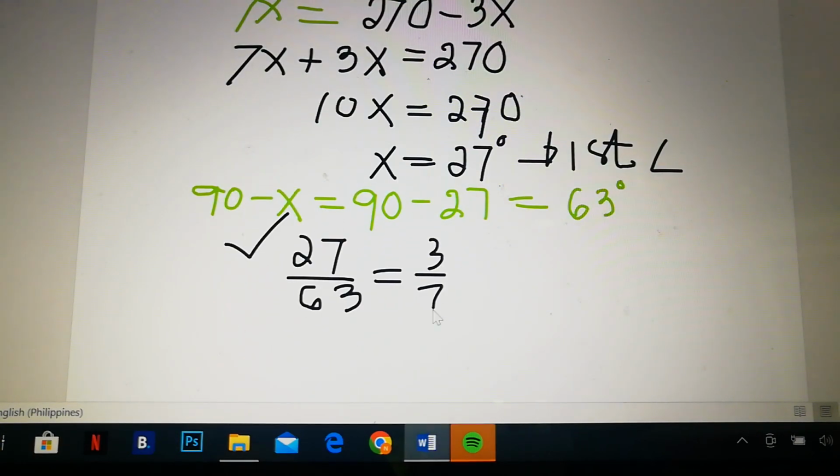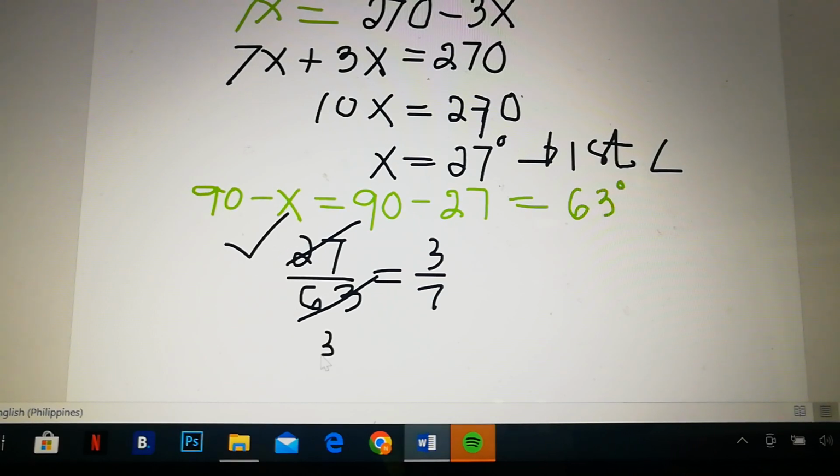So if you divide this by the GCF 9, 27 divided by 9 is equal to 3, and divide also the 63 by 9, that is equal to 7.